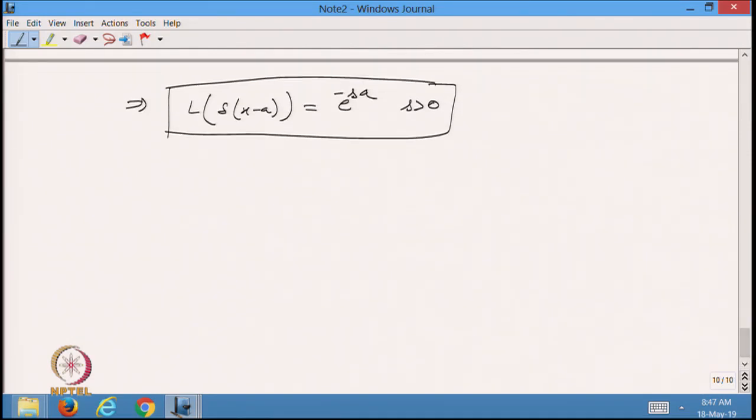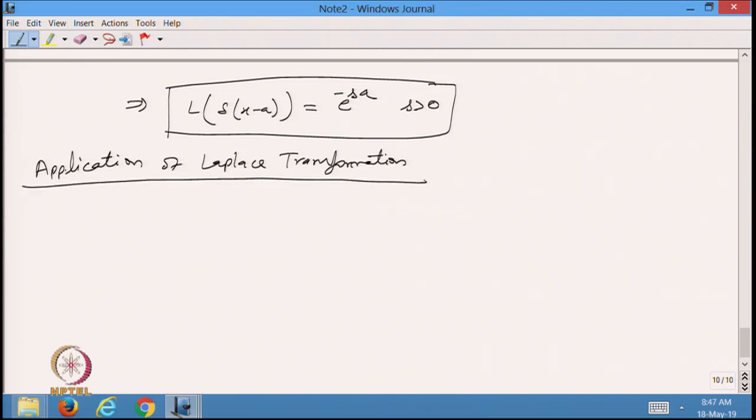Now, after finding the Laplace transformation of the Dirac delta, let us do some application of the Laplace transformation. Let us take the first example.